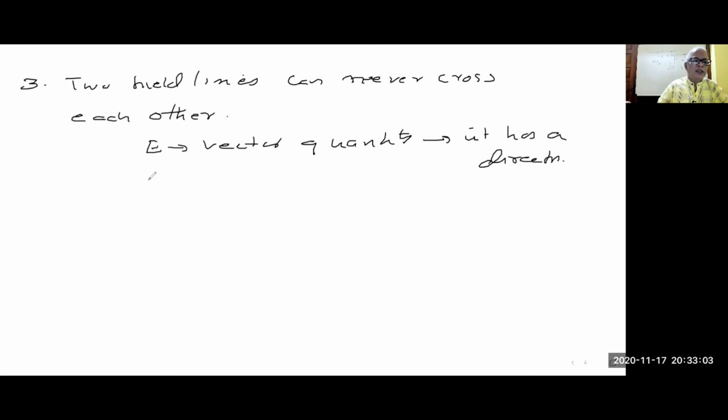The direction of the electric field is given by the tangent at that point.